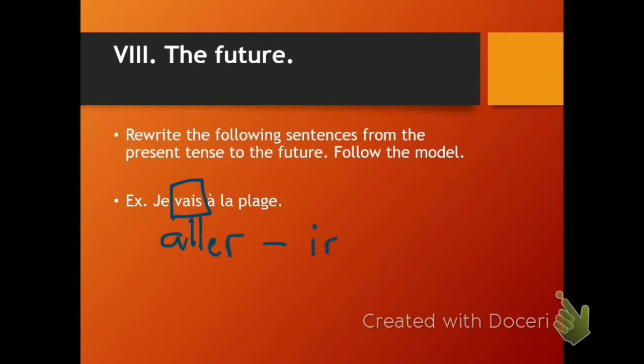And then because we're in the future tense, we need to add on the appropriate future ending. And because our subject pronoun is je, we need to add on our ending of ai. So, irai. So now, when we rewrite our sentence, it'll look like this. J'irai à la plage.